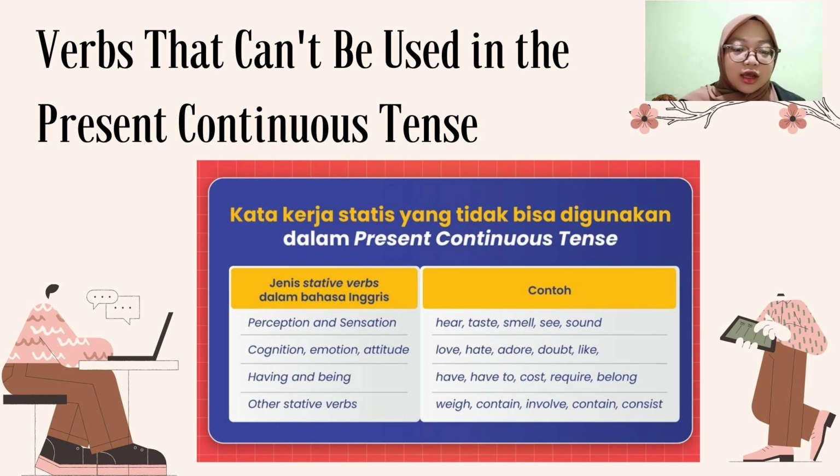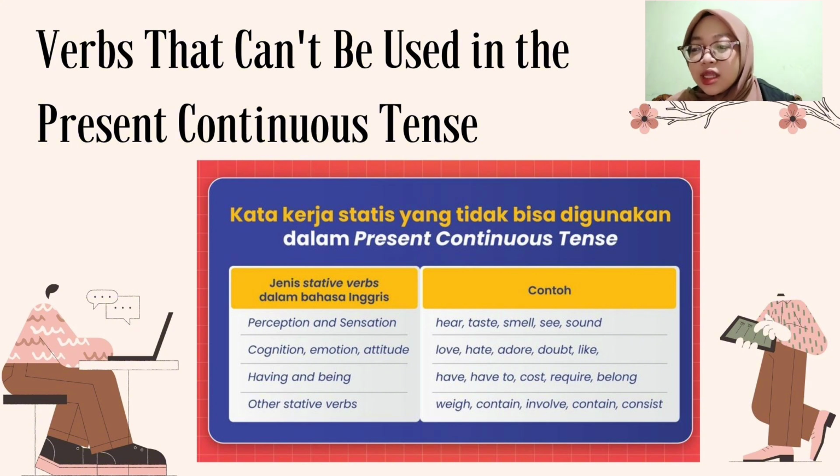Here are some examples of stative verbs. First is perception and sensation, verbs that describe the human senses, like hear, taste, smell, see, and sound.